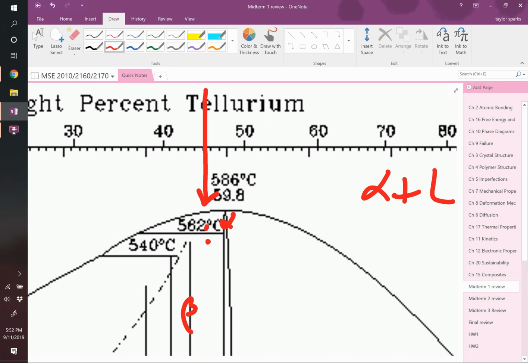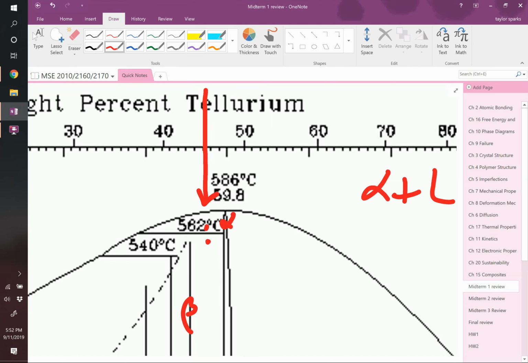But assuming you could read these nicely, and on the midterm I've made it really easy because I've put little numbers on these so you can read them right off of it, so you won't spend time wasting it reading plots. You could do the lever rule, though. Just eyeballing it, it looks like it's going to be about 80% alpha and 20% liquid, because it's about 80% along the line towards alpha.